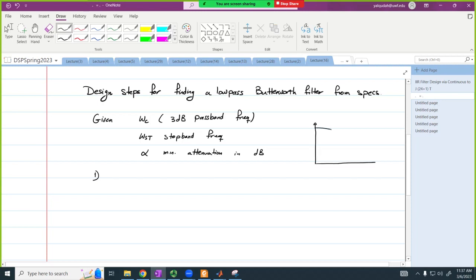So we have the frequency response. This is our 3 dB point, omega cutoff. And we have omega stop, and we want the attenuation at omega stop to be alpha dB. So we need to determine the filter order from alpha.